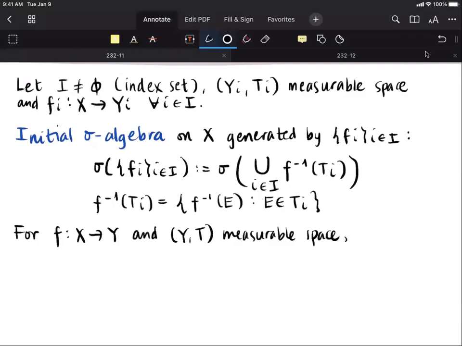Then we denote the initial sigma algebra generated by this single function simply by sigma of f. So we ignore the braces in the notation. And by definition, this is the sigma algebra generated by the inverse image of T.